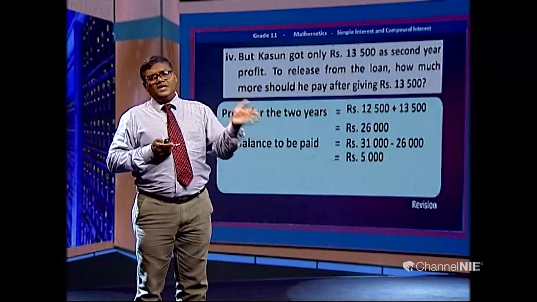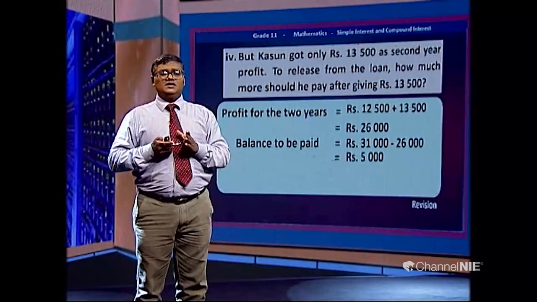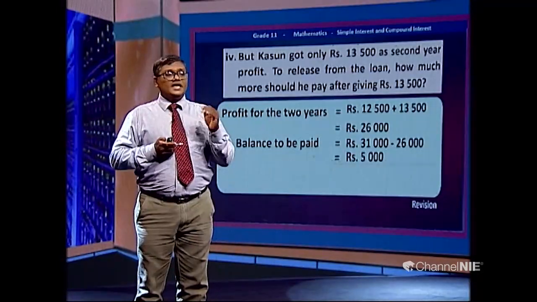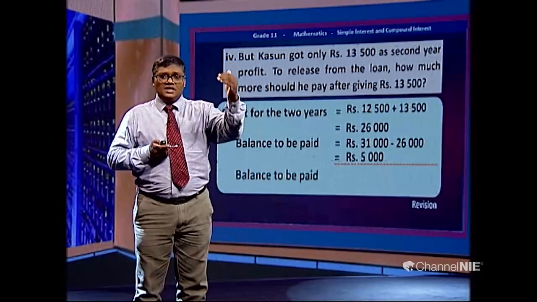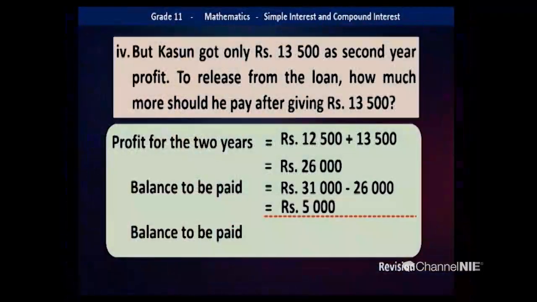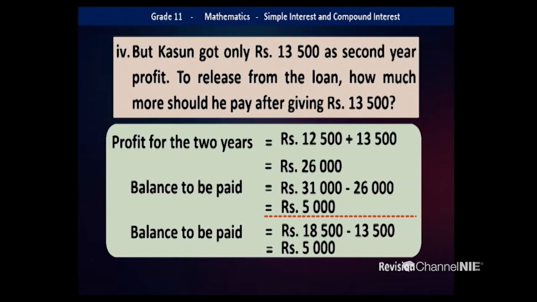Now, you can work out the very same question in another way. After paying 12,500, he should pay another 18,500. But did he get 18,500? No, he got only 13,500. Then 18,500 minus 13,500, the answer is 5,000. Therefore, either way you can get this answer 5,000.